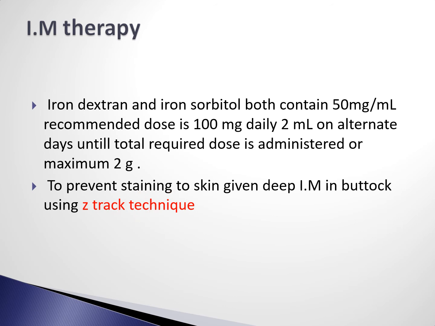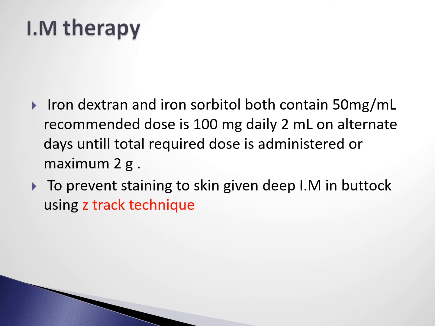Now why is it important that you give this intramuscular injection by Z-track technique? It is to prevent the staining of skin. Whenever you give a deep intramuscular injection, you use Z-track technique.